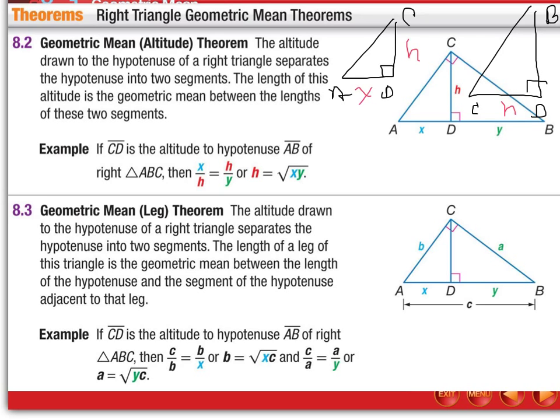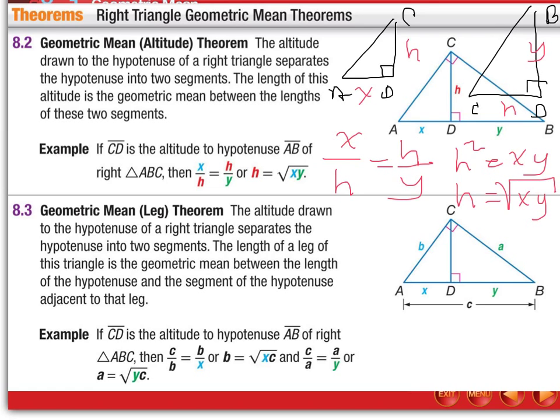AD is X, and BD is Y. So now that we have this corresponding diagram, and I'm sorry that it's drawn over this triangle, maybe that's a little bit confusing, but let's take a look at how we can see that X here, AD, is to H, as, now let's look at its corresponding side over here, H is to Y. And if we cross multiply, we get H squared equals XY, and take the square root of both sides, so H is the square root of XY.